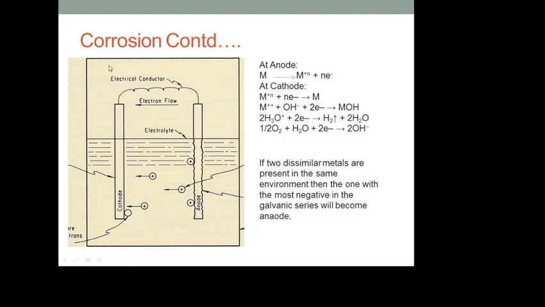At the anode, the metal leaches and becomes a metal ion, releasing some electrons. At the cathode, either the metal ion collects the lost electrons and becomes a stable metal, or the metal ion reacts with the hydroxide and forms metal hydroxide.